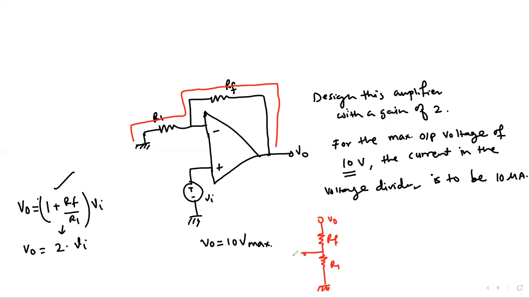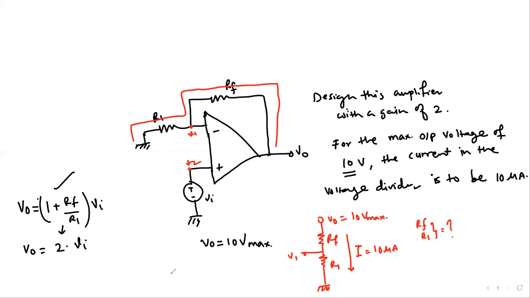And what we have here is the node V1. This is V2. It says that the current has to be 10 microampere for a VO equal to 10 volt max. This is the value of RF and R1 that we have to determine.